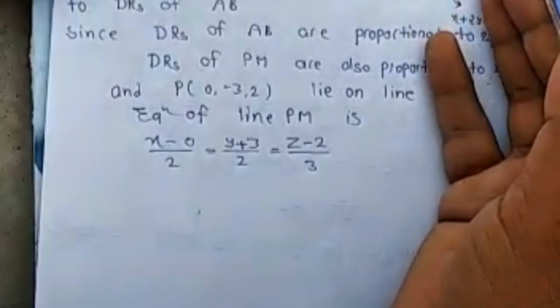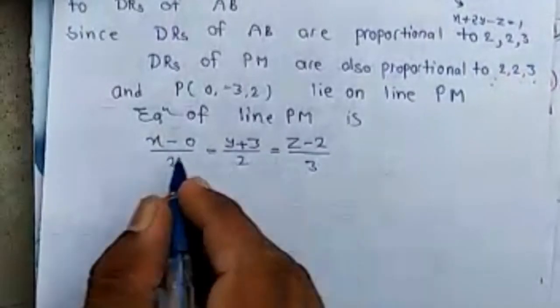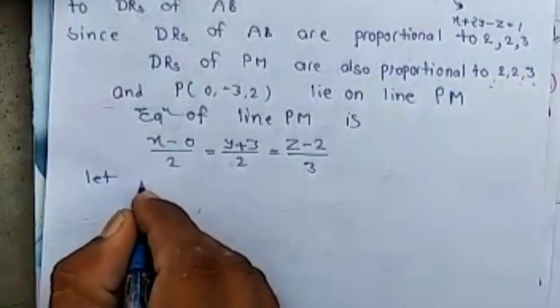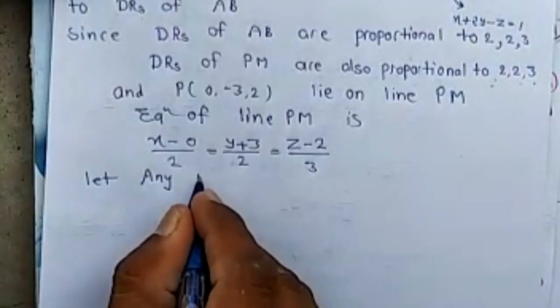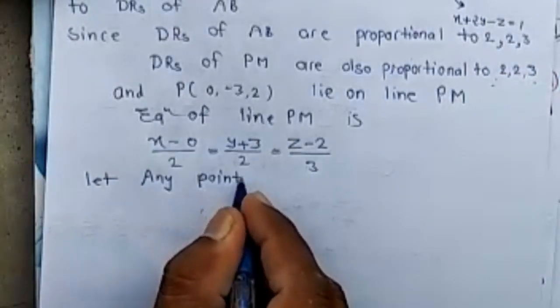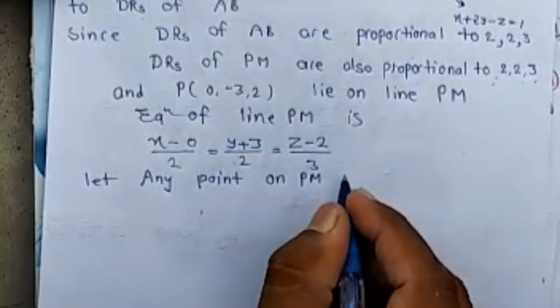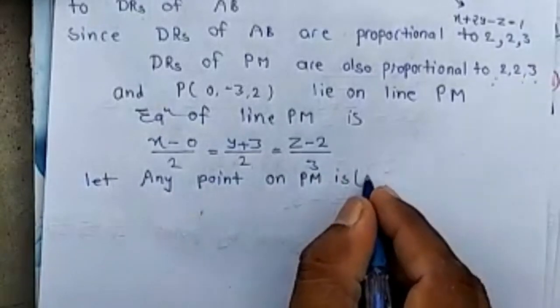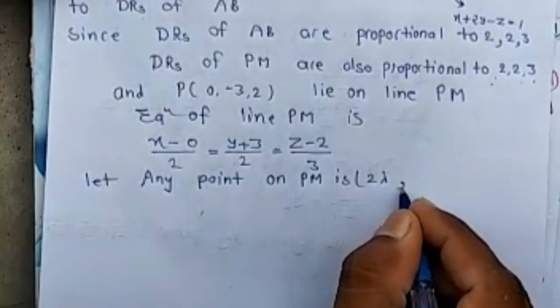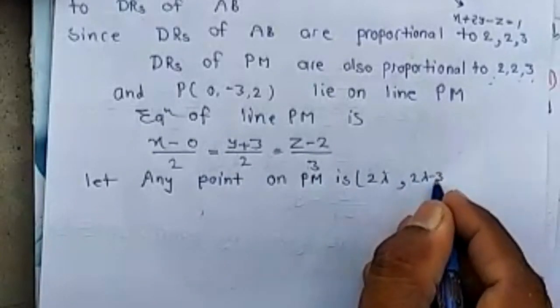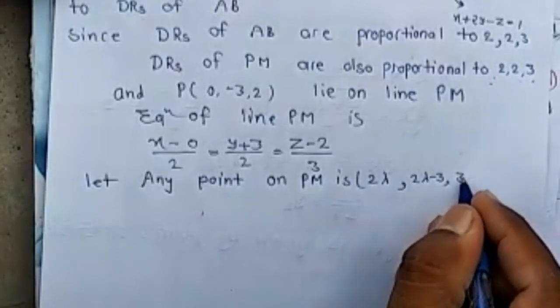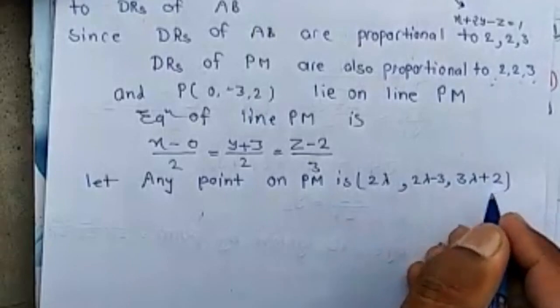It is equation of PM. Let any point on PM is (2 lambda, 2 lambda - 3, 3 lambda + 2).